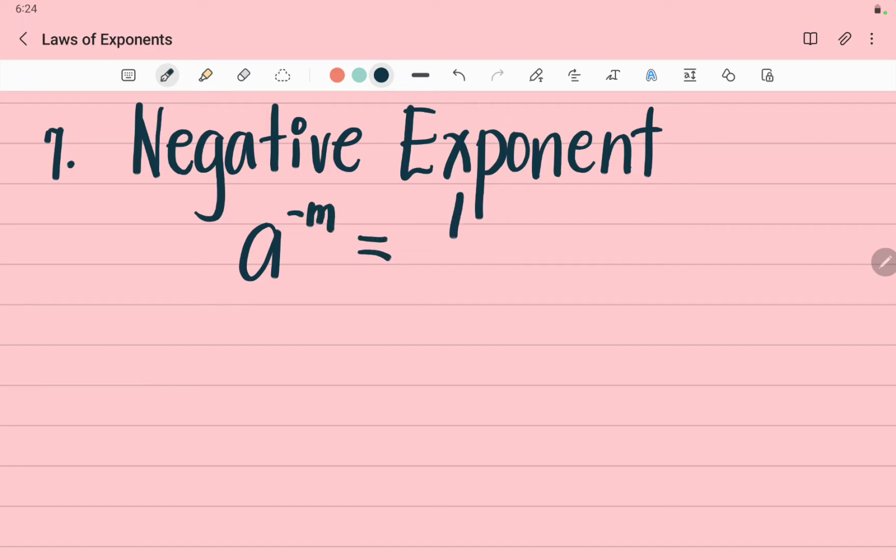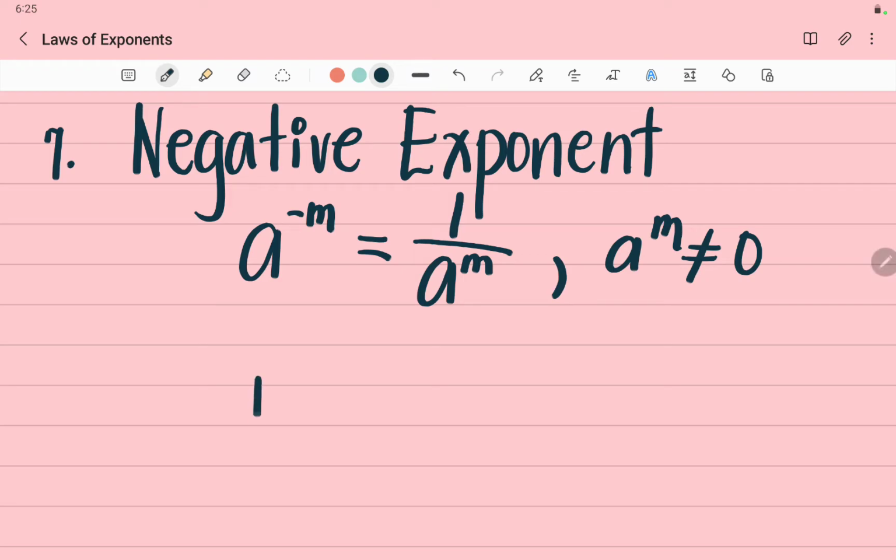That will be 1 over a raised to m, provided that a raised to m is not equal to 0. So what I'm trying to say here is, if the exponent or power is negative, you should get the reciprocal.